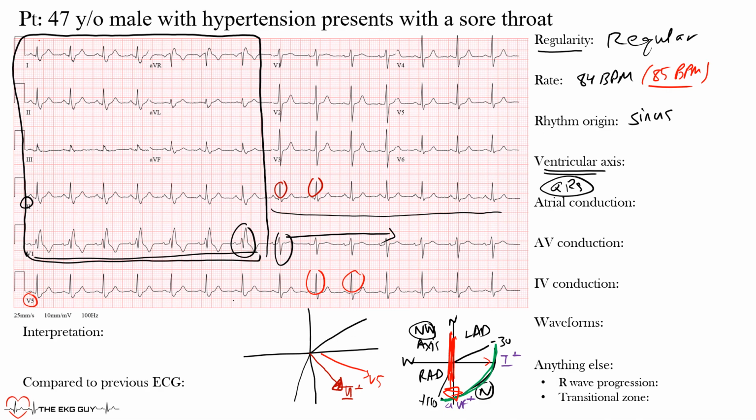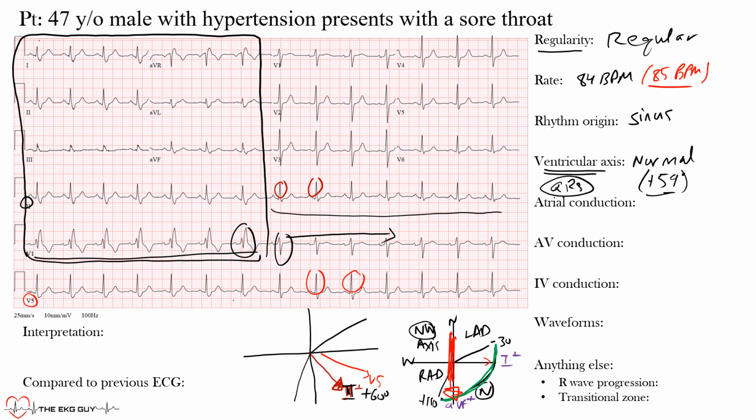Now the axis here is normal. The machine gave us positive 59 degrees, and if you recall, lead 2 sits at positive 60 degrees. I'd be wary about the machine's interpretation in the setting of these beats, but as you can see, this is still within normal limits.